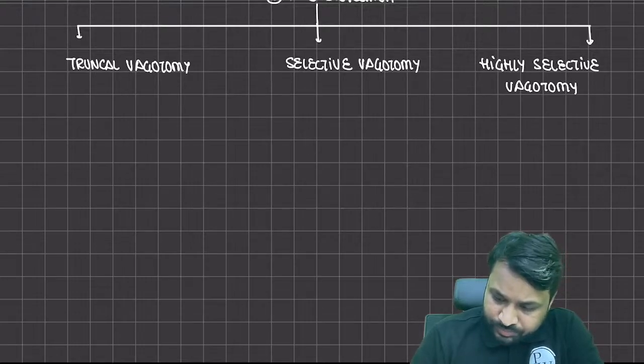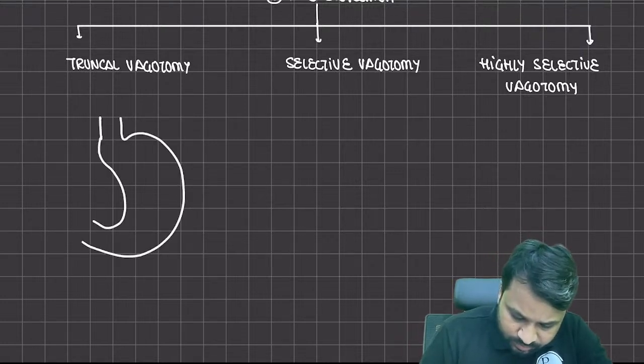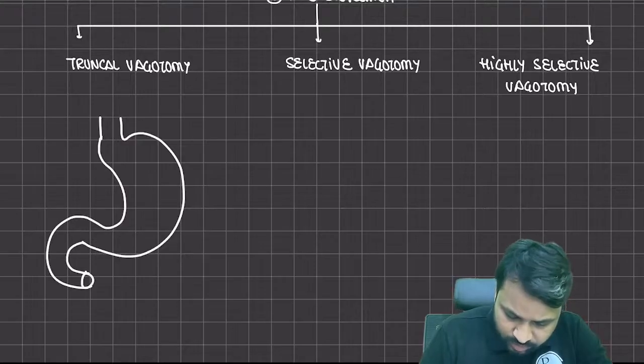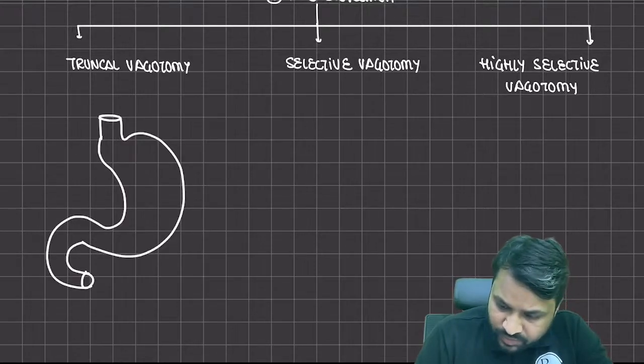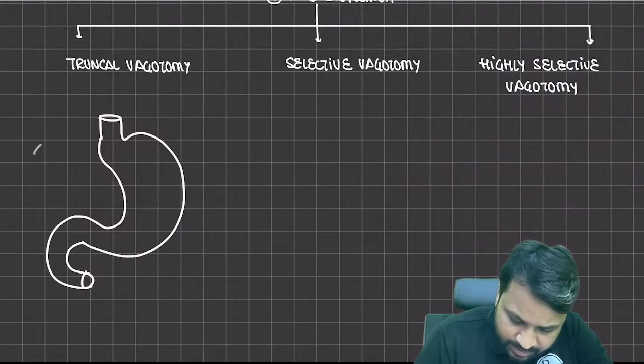If you take this as the representation of the stomach, this was the esophagus, this happens to be the stomach, and this is the duodenum, right? For the sake of understanding, I'm just going to highlight this as the diaphragm.